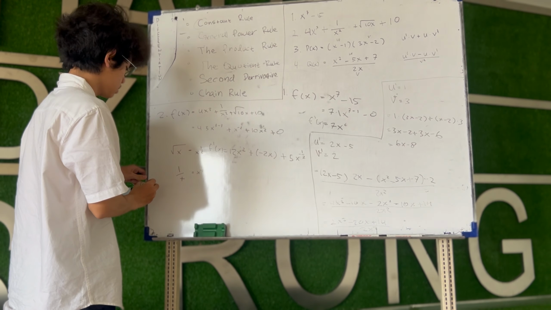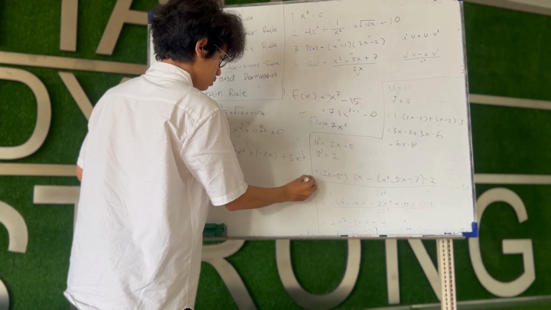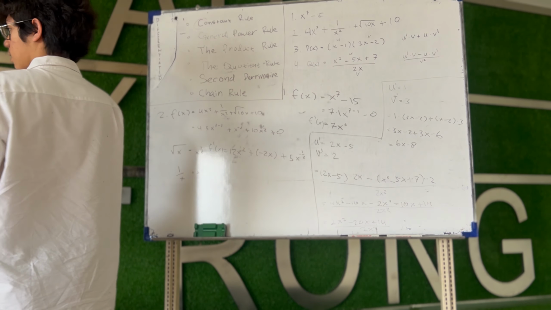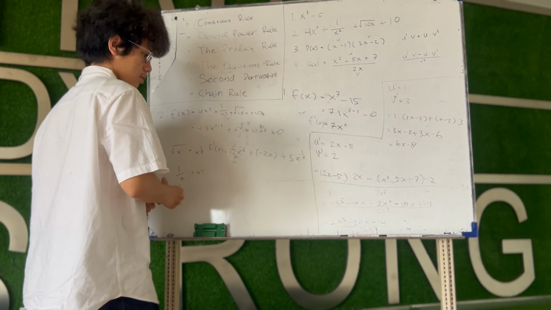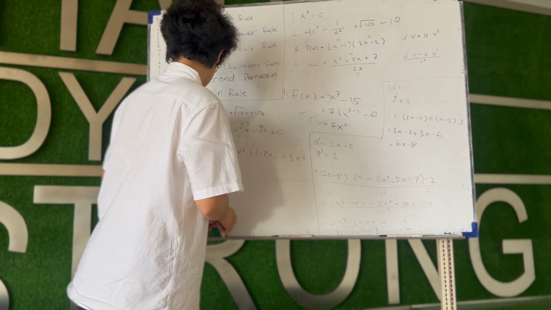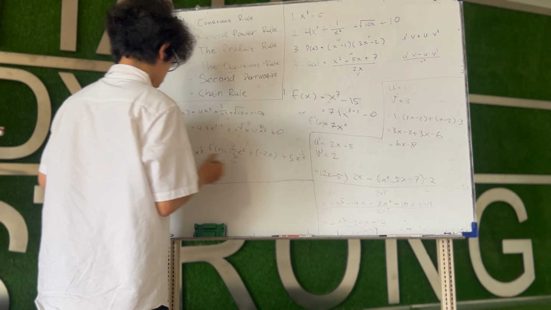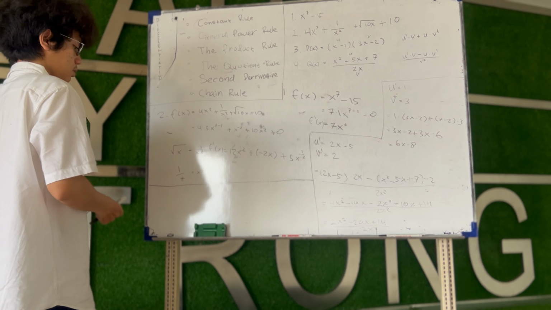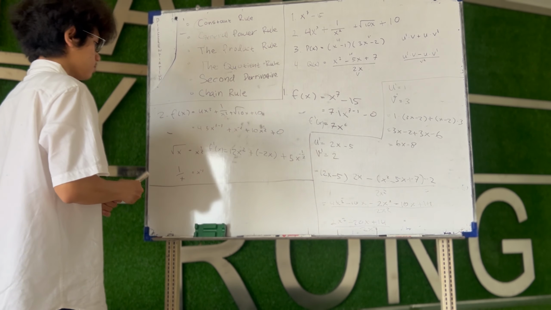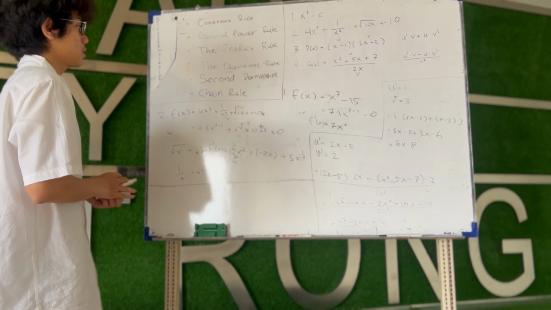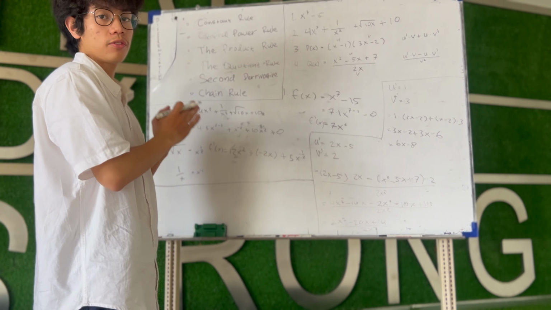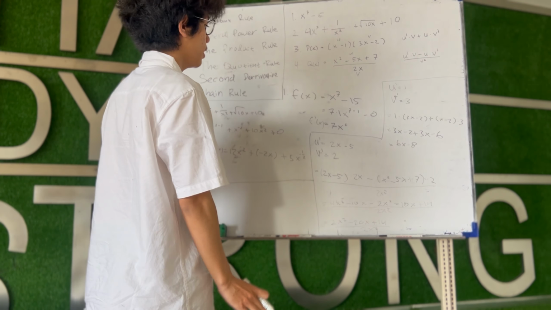And the last one is the second derivative. The symbol is the second derivative of its function. Here we have example.